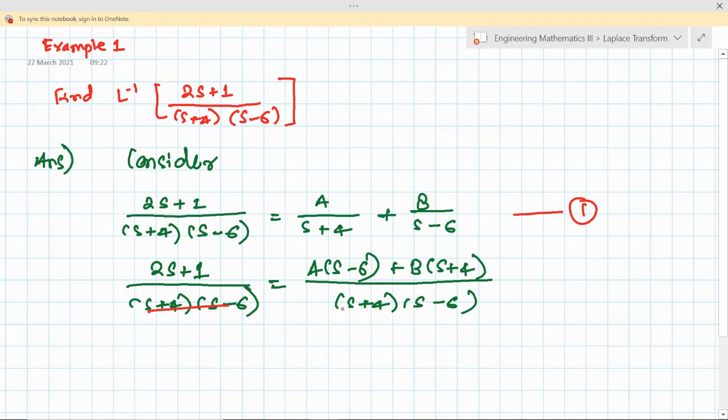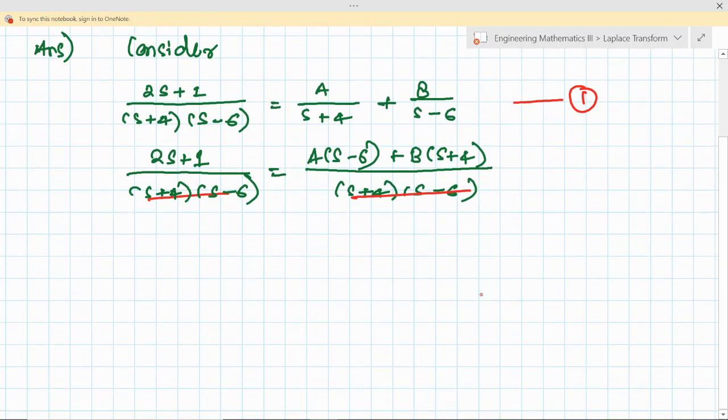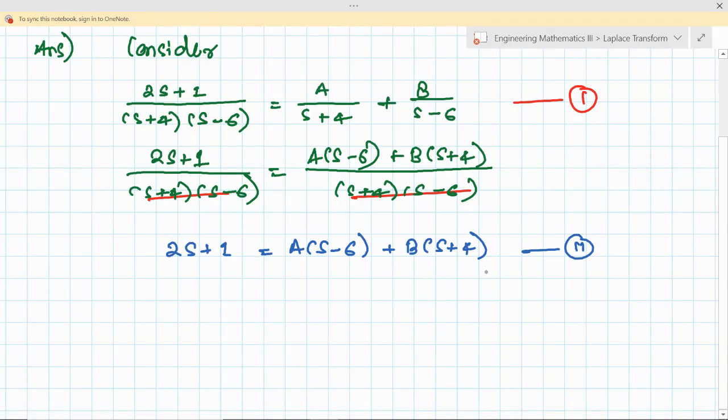On this side the denominators cancel, and what I get is 2s + 1 = a(s − 6) + b(s + 4). Call it equation number 2. This equation helps us find the values of a and b, and it is true for all values of s. You can take any value of s.